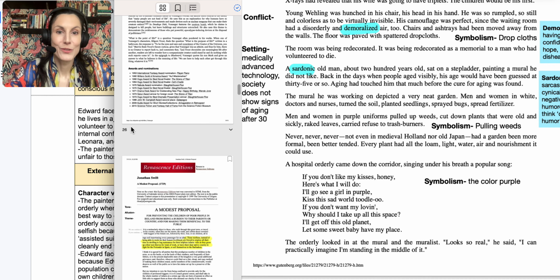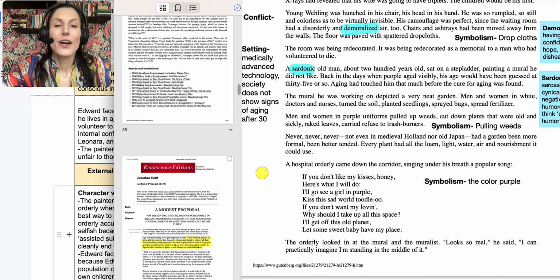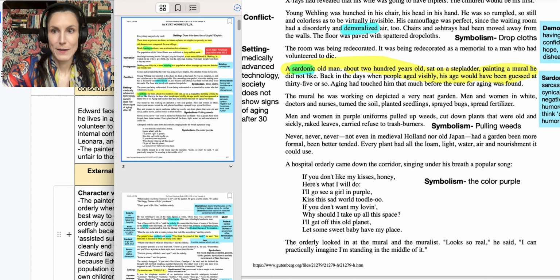And then, when we get to the character versus character conflicts, we have the painter versus the orderly, right? So this is our painter, and he's painting his mural here.